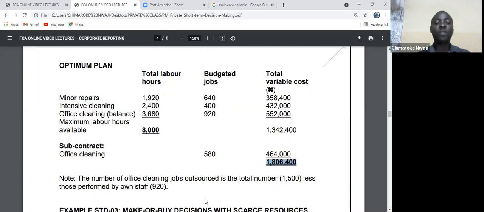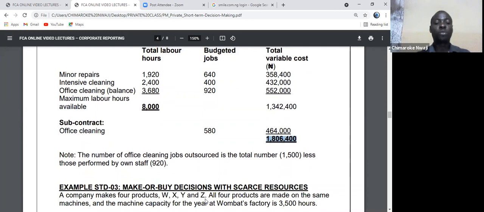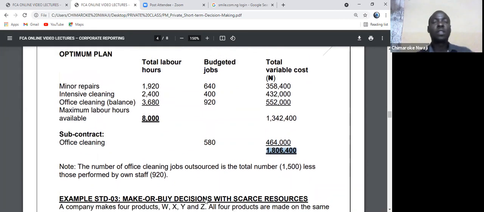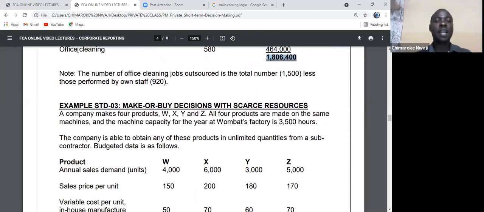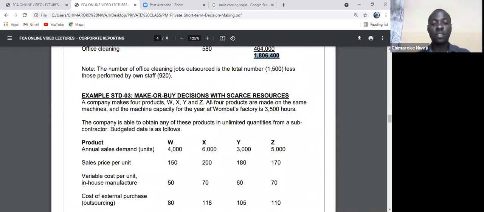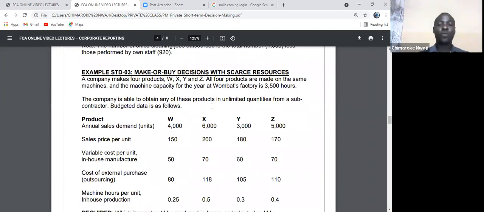So that's so much for that question number 2 on the scarce resource. So we are going to take another question on scarce resource and see how we can understand that concept more fully. Just a moment.